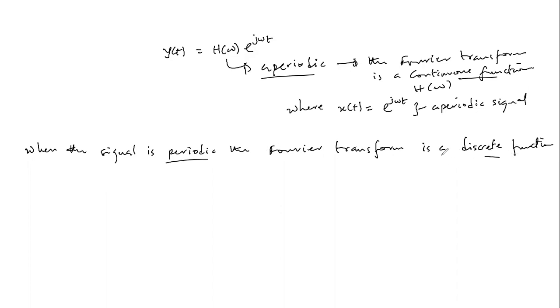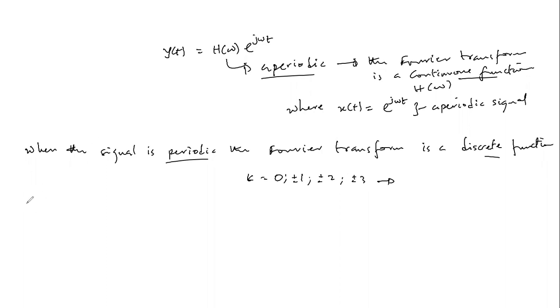Now, since discrete functions are represented by a discrete set of numbers, it is logical to talk in terms of series because they are not continuous. Because at this point, we begin to talk in terms of discrete values, plus or minus 1, plus or minus 2, plus or minus 3. So since we have a series, this therefore leads us to Fourier series.